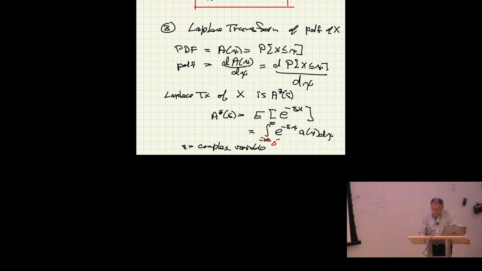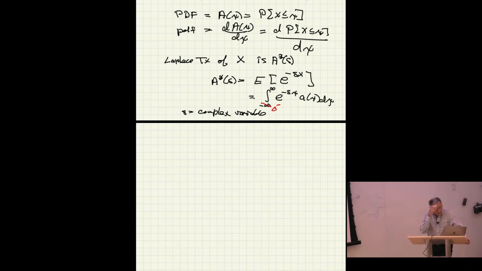So just like before, if you start differentiating this and setting s equal to 0, what are you going to get? A star nth derivative at s equals 0 is equal to minus 1 to the n times the nth moment. So we've seen this thing over and over again with a different coefficient.